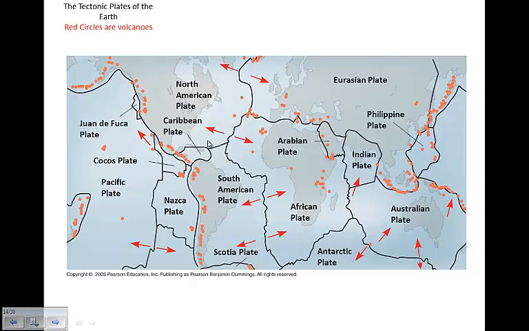You have two separate plates that collide and push up, and when they push up, it's forming a mountain. When two of these plates separate from each other, we have sea floor spreading, and you could think about it like a zipper in the Atlantic Ocean floor. So it just opens up.